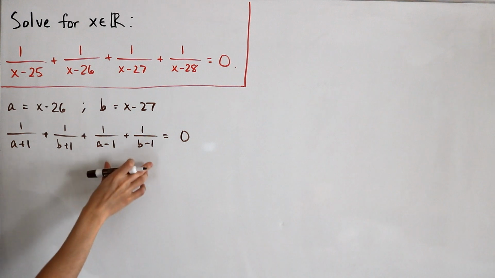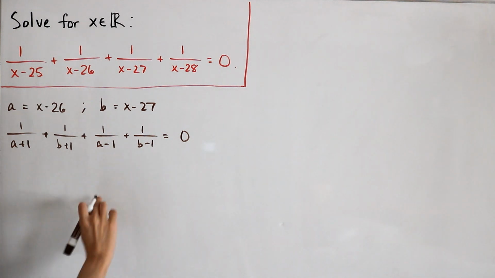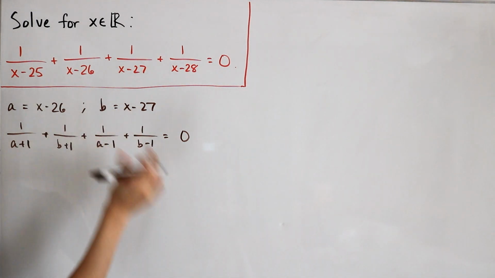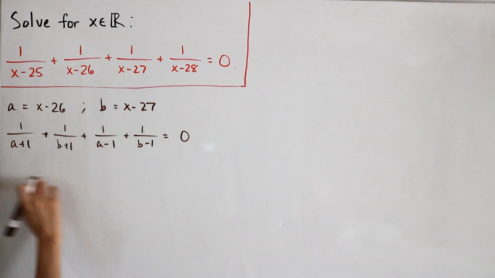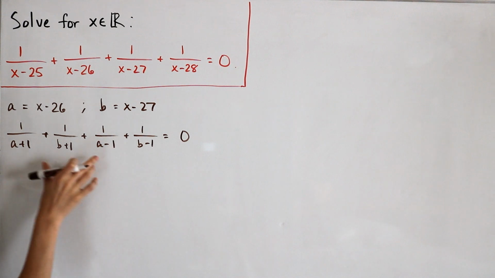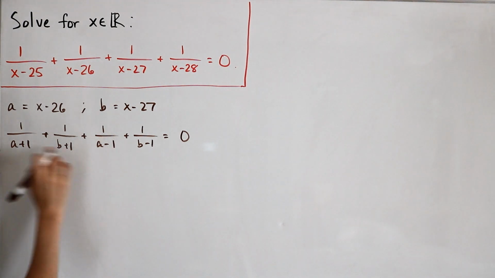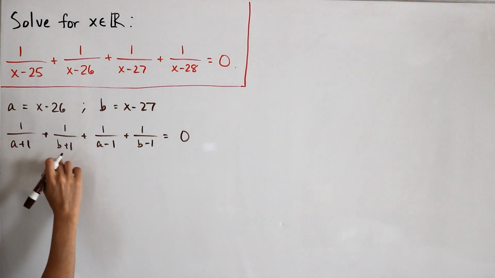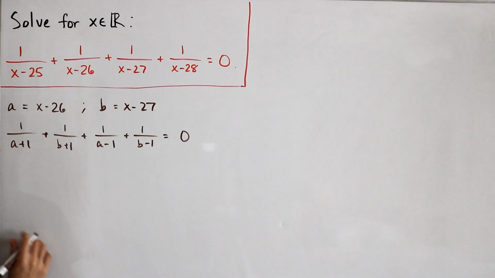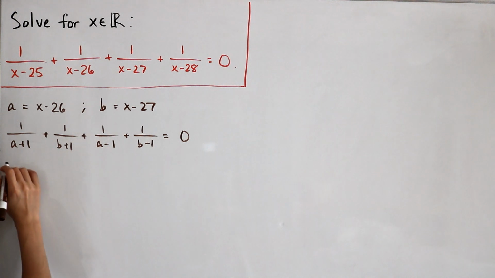Everything is in terms of addition, so it's commutative. So I'm going to rearrange the terms, and then set a common denominator. For that to work, I'm going to group the terms with the same letters. So a plus 1 and a minus 1 form a denominator on their own, and b plus 1 and b minus 1 form a denominator on their own as well.